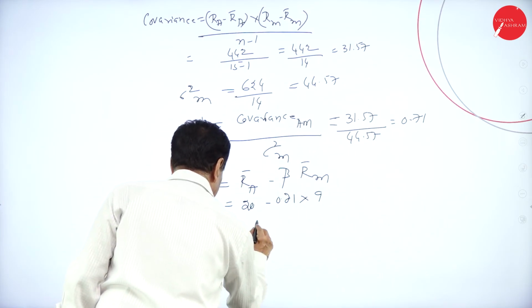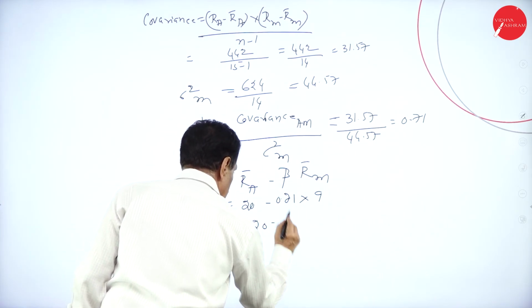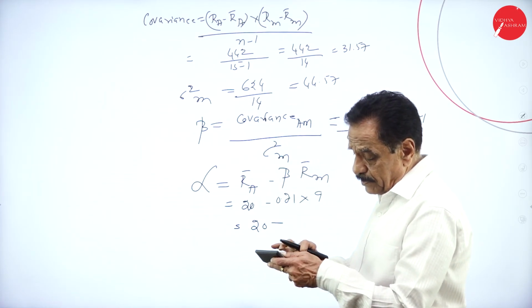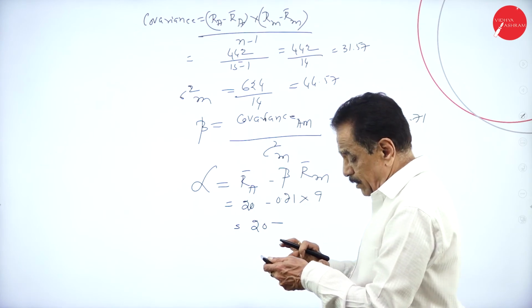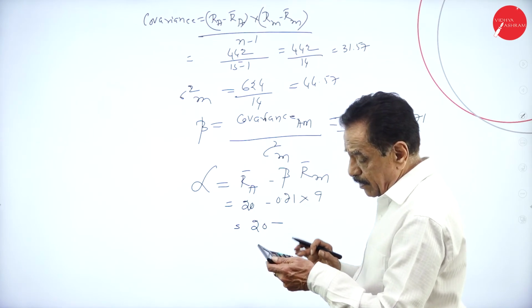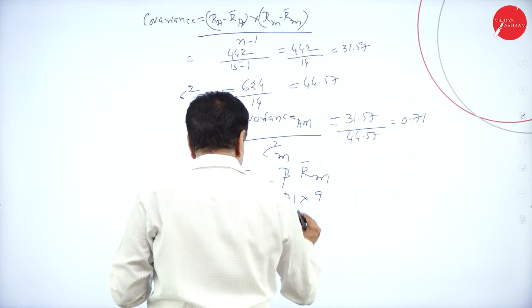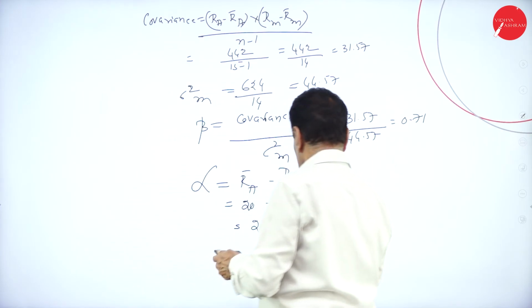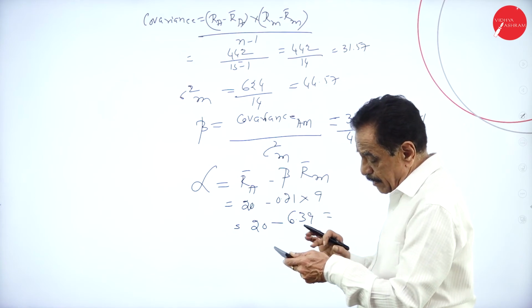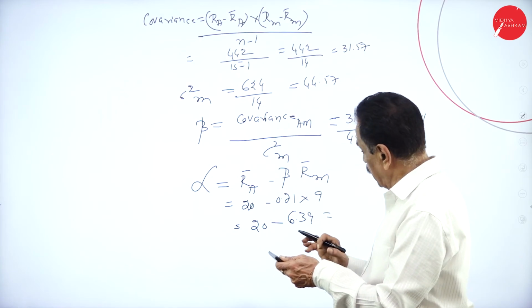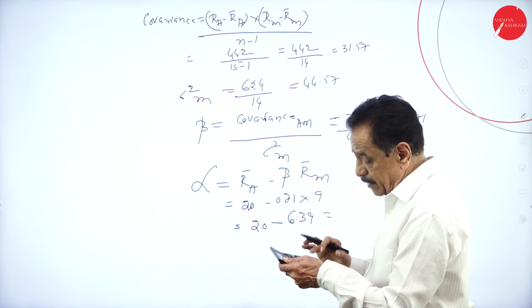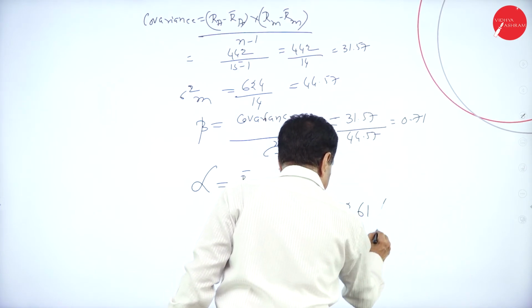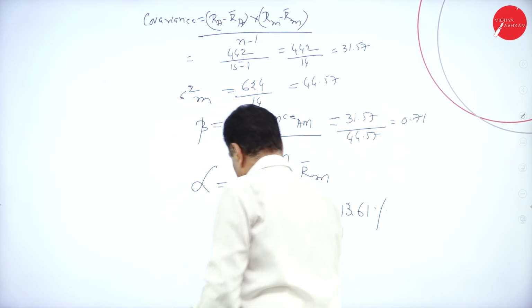This is 20 minus 0.71 into 9, which is 6.39. 20 minus 6.39 is 13.61%. This is the procedure.